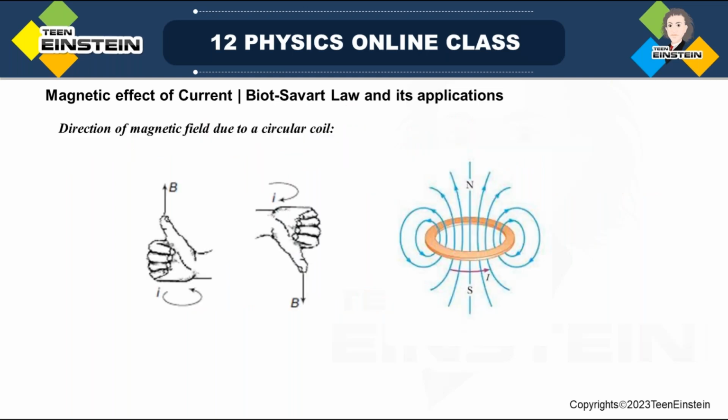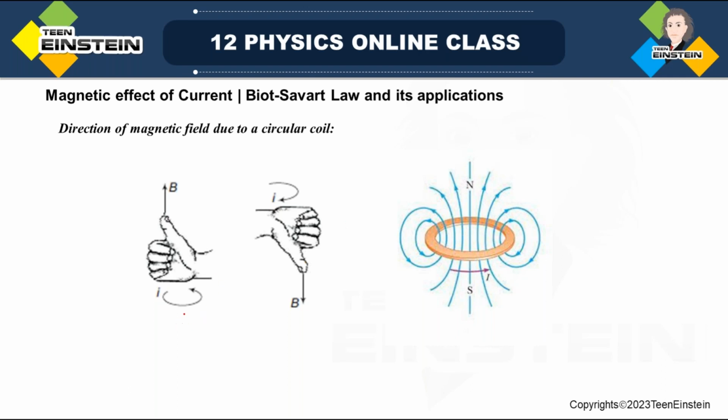Now we'll see, in case of the magnetic field produced by this circular coil, how to find out the direction. So I'm showing you here, there is a rule.